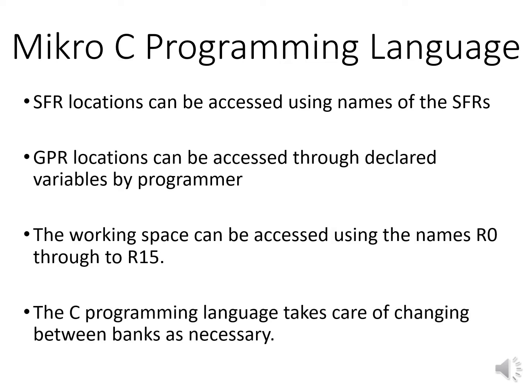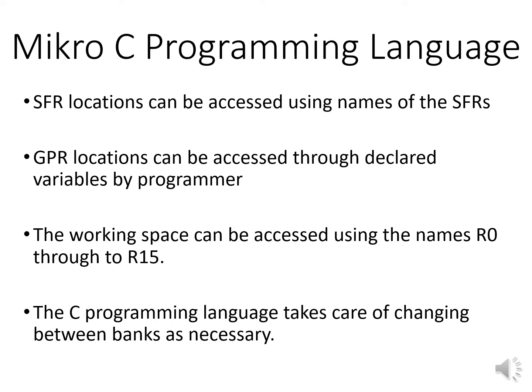Variables in Mikro C programming language refer to locations in the PIC data RAM. That is, they refer to the file registers. Remember, the file registers are made up of special function registers, SFRs in short, and general purpose registers, GPRs in short.